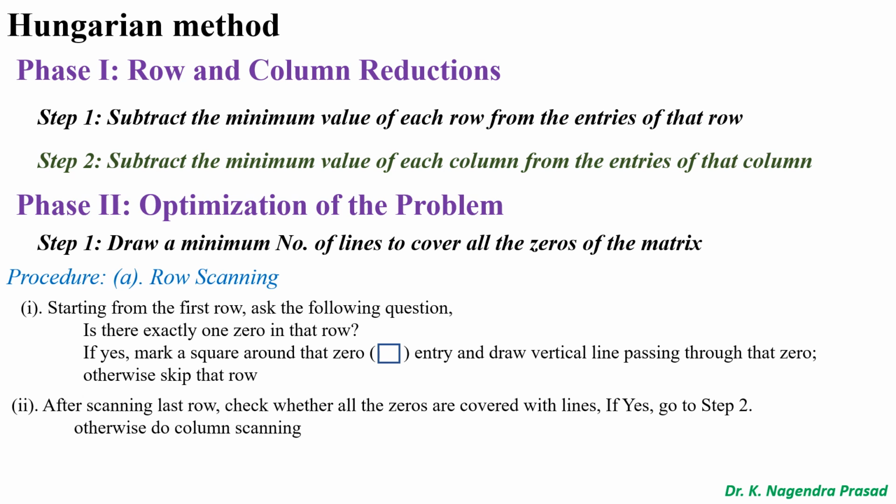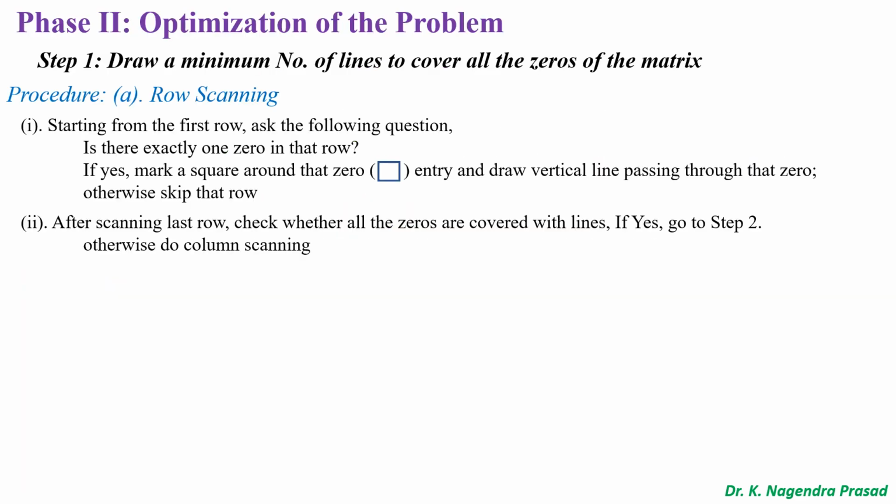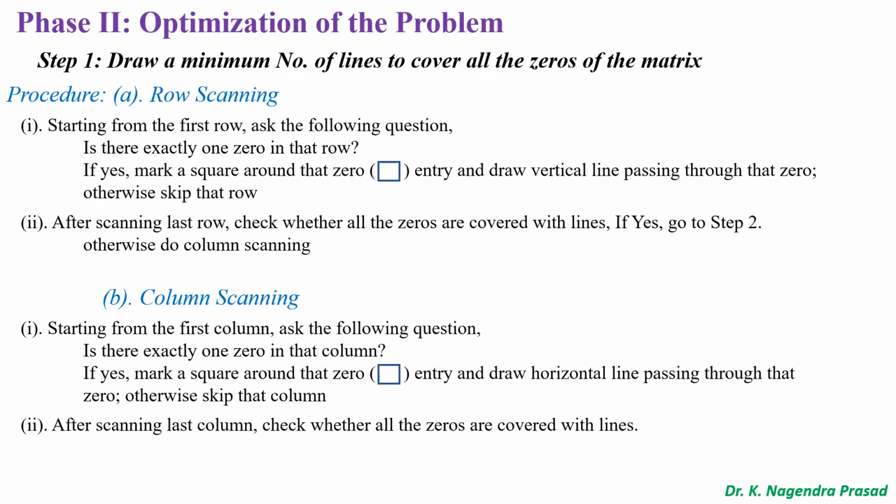After the scanning of the last row, check whether all the zeros are covered with the lines. If all the zeros are covered with the lines, then there is no need for the column scanning. Directly go to step 2. Otherwise, go for the column scanning. Let's see the procedure for the column scanning. In the column scanning, we start with the first column and ask the following question: is there exactly 1 zero in that column?